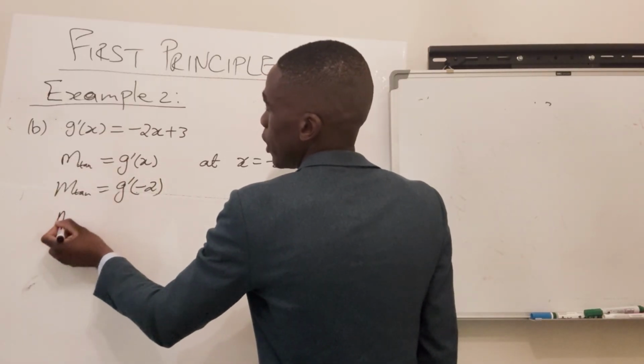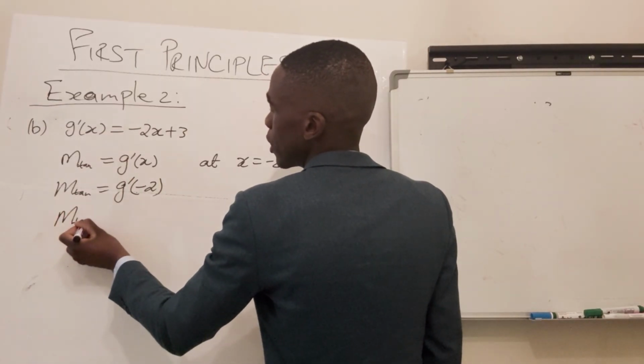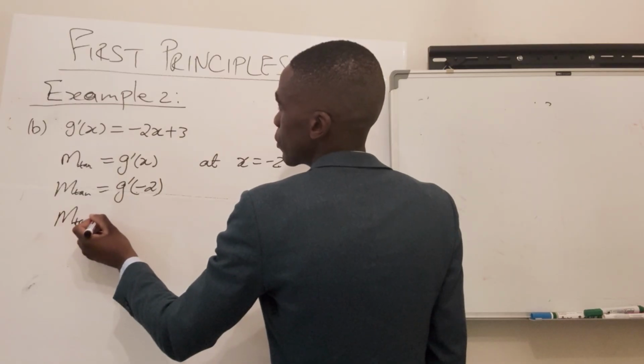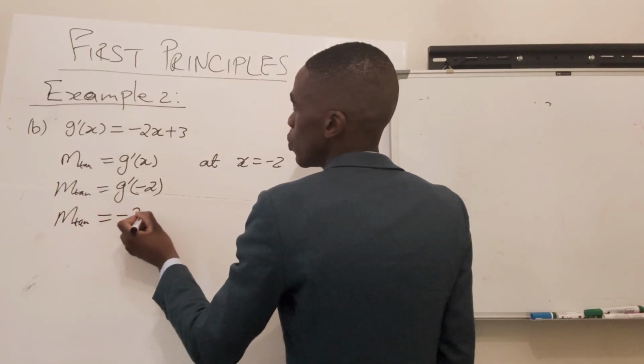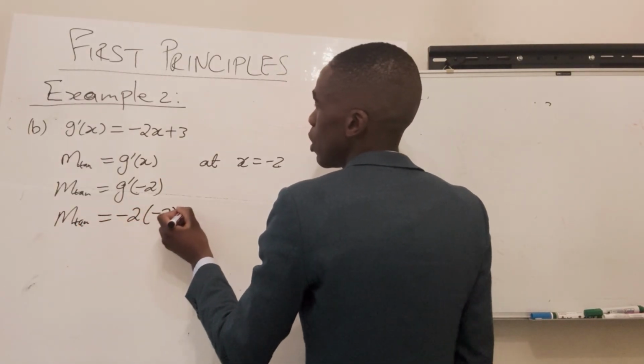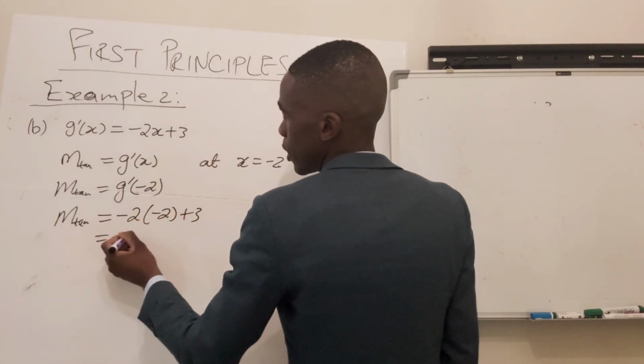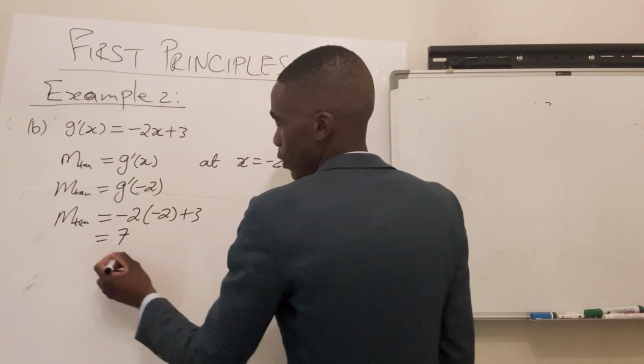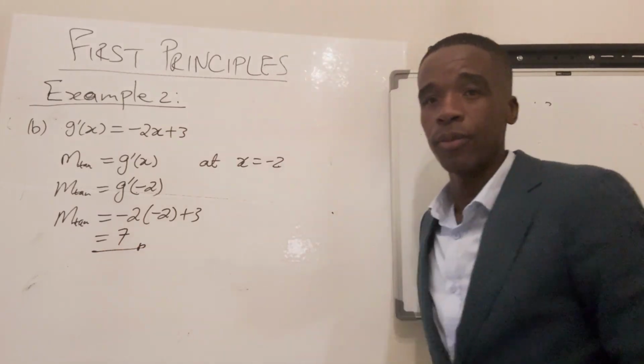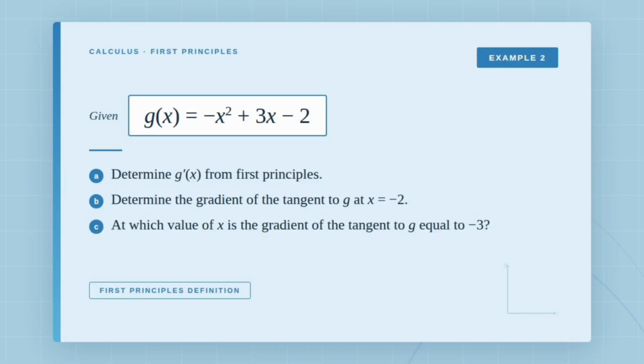Therefore, the gradient of that tangent is equal to minus 2 into minus 2 plus 3. That is 4, and that is 7. That's the gradient of that particular tangent at x equals minus 2.